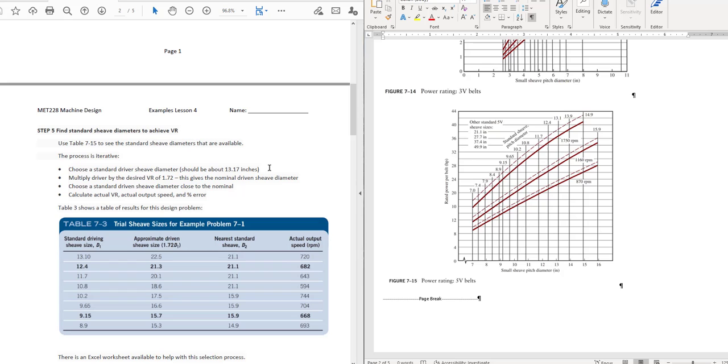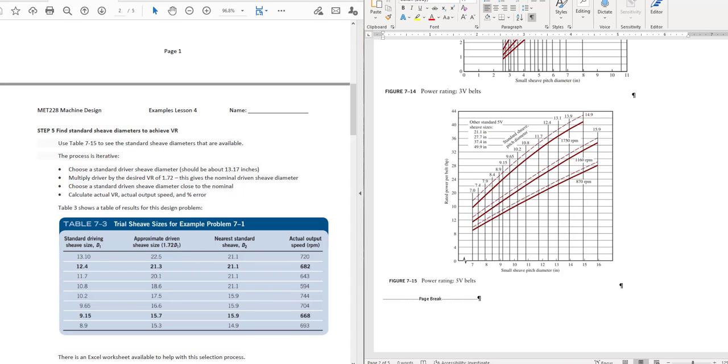I put a little Excel worksheet out there to help you with this. The author put this table in your textbook that shows all of these different combinations that he had tried using this method to come up with the actual output speed. With the spreadsheet, which is posted in Blackboard, it helps you do that.